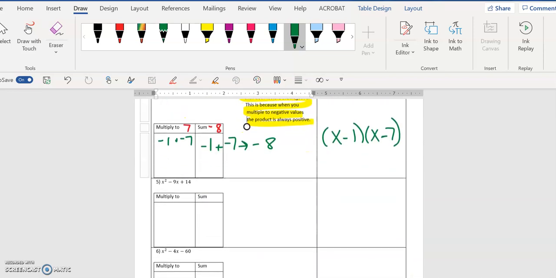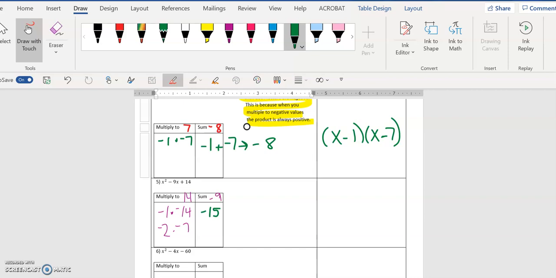Number 5. We want to multiply to be 14 and add to be negative 9. So we have negative 1 times negative 14, negative 2 times negative 7. Which one of those will have a sum of negative 9? Negative 1 plus negative 14 is negative 15.